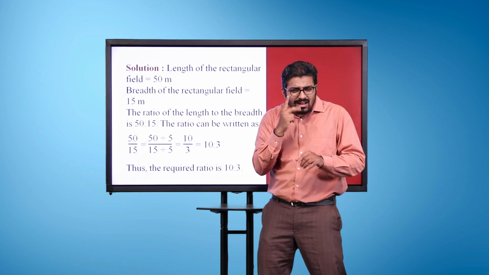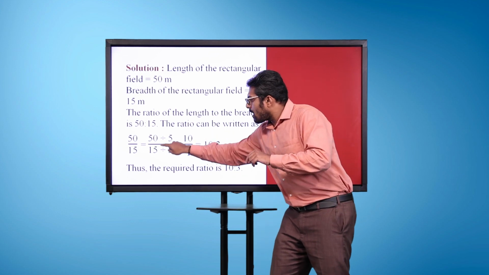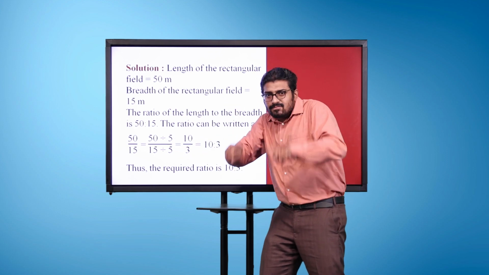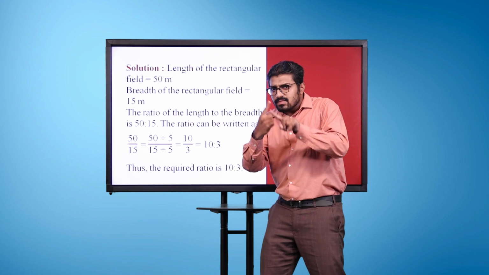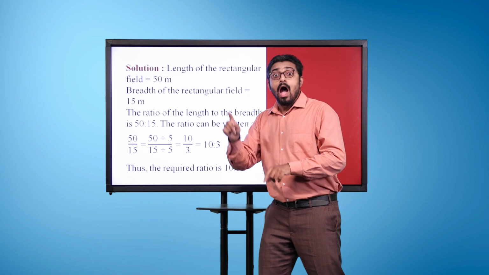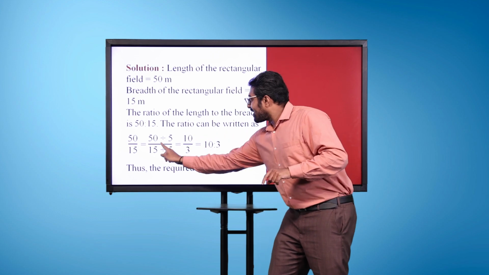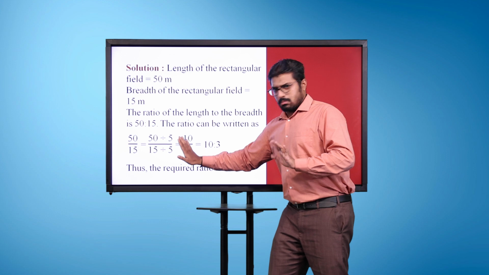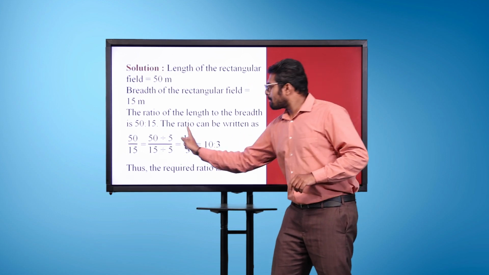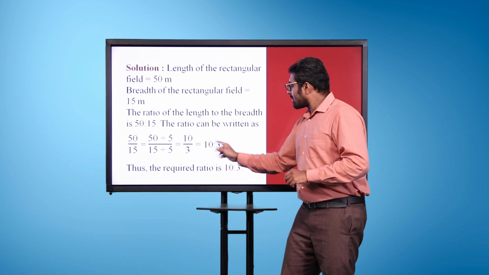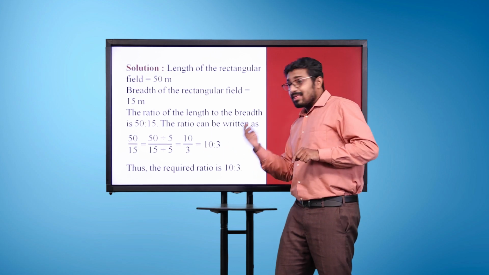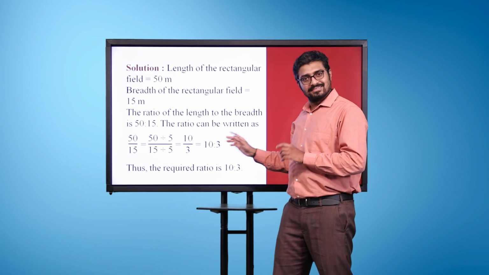The ratio can be written as 50/15 equal to 50 divided by 5 upon 15 divided by 5, which is equal to 10 divided by 3, which is equal to 10:3. Thus, the required ratio is 10:3.